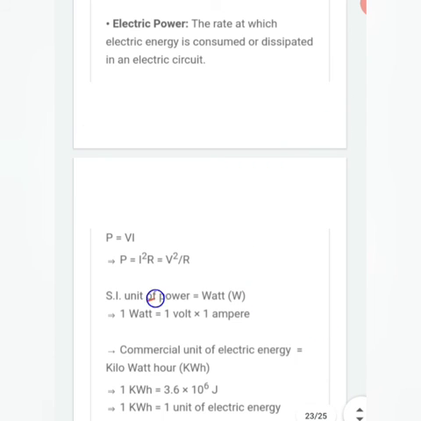The SI unit of power is watt. Various types of units have been told in this chapter, and you have to remember each and every unit. If you are asked to define 1 watt, it is defined as 1 volt into 1 ampere. What is the commercial unit of electric energy?